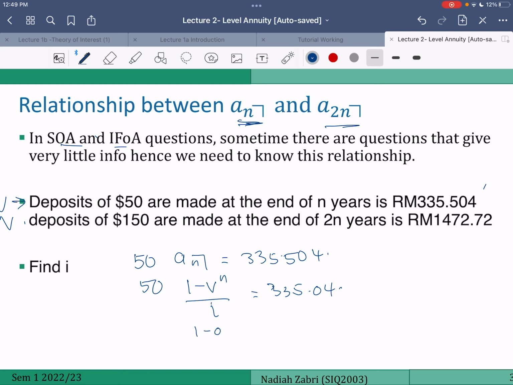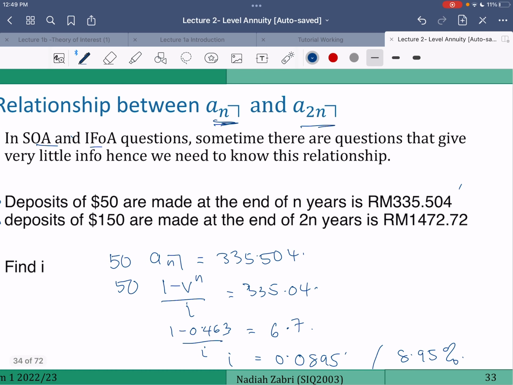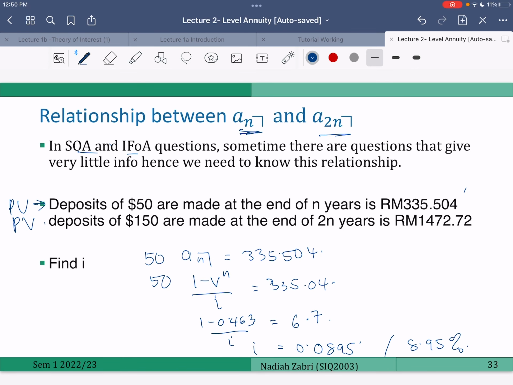So 1 minus 0.463 over I is equal to 6.7. So I is equal to 0.0895, or 8.9%. Okay, so remember, sometimes there will be cases where you need to leverage on this relationship between A angle N, A angle 2N and A angle N.